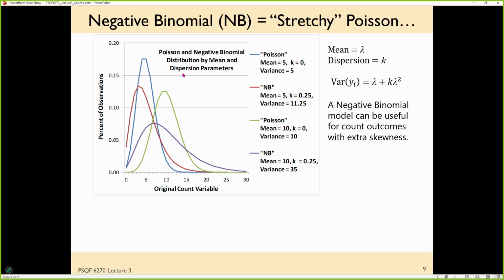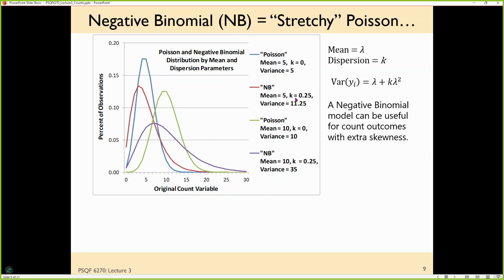Oh, very good. So the red line and the blue line. These both have a mean of 5. The difference is in what the variance is predicted to be. Blue line was generated by a Poisson distribution with variance of 5, no stretchy whatsoever. So you can see that it looks like this.